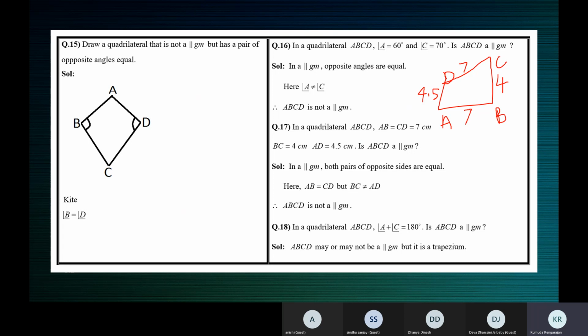You can see here ABCD is a quadrilateral. AB is 7, CD is 7. BC is 4. AD is 4.5. Is it a parallelogram?